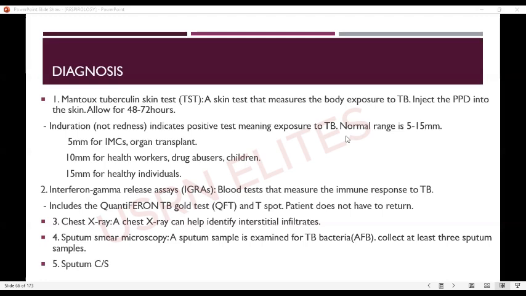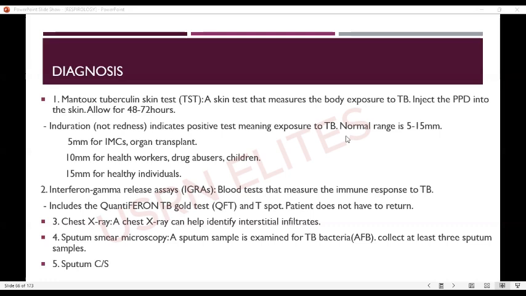Okay, I think I'm getting your point. You want to find out the mils of the PPD itself. The standard dose is in units, 0.1 mil of fluid. The PPD is something small, it is just 0.1 mil.